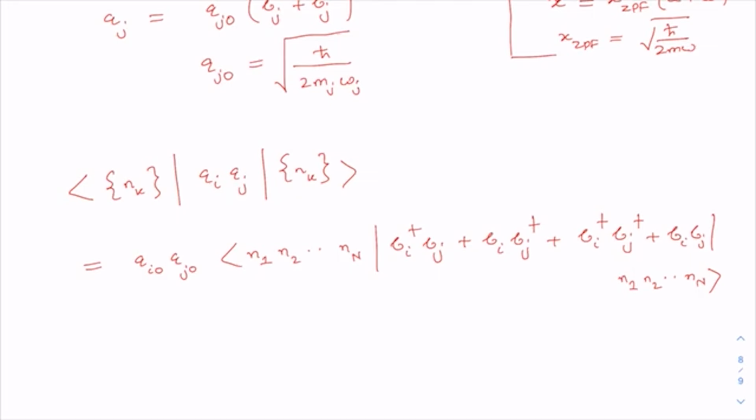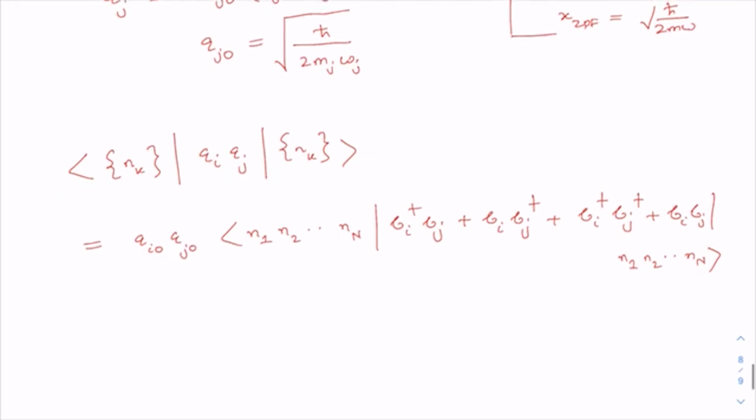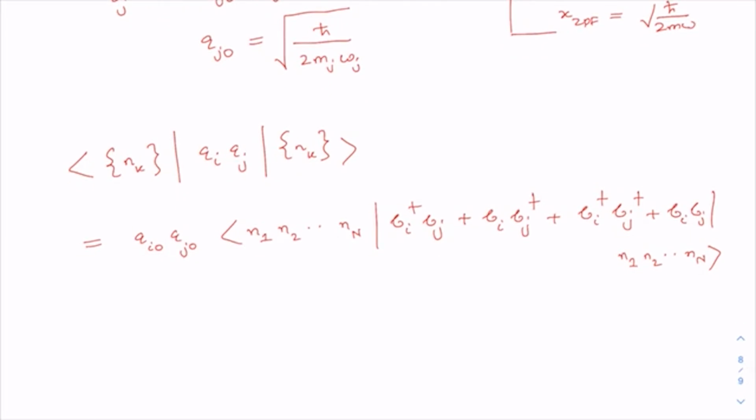We will have the corresponding quantity for that, and you will see that the contribution from these two terms, b_i dagger b_j dagger and b_i b_j, is obviously going to be 0.